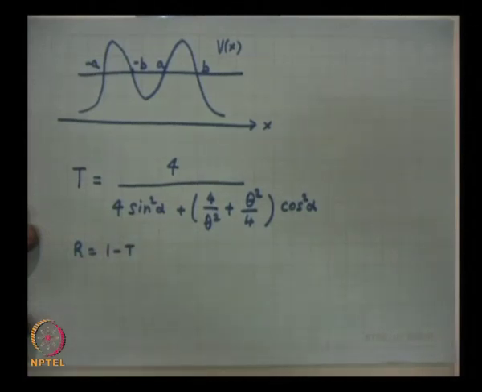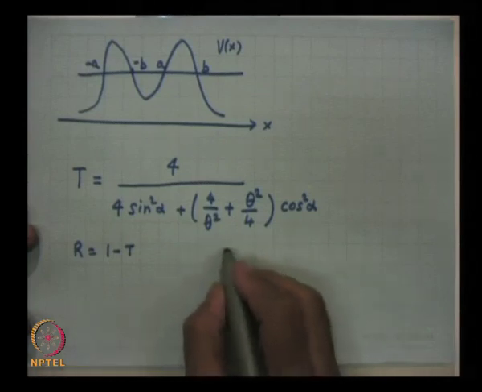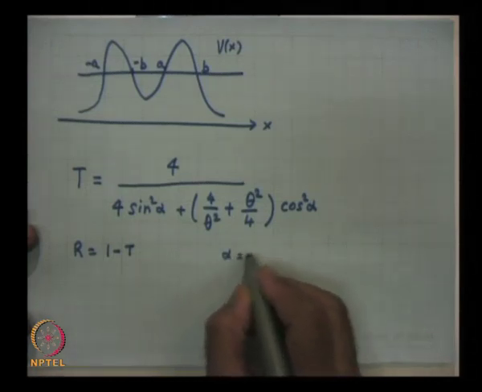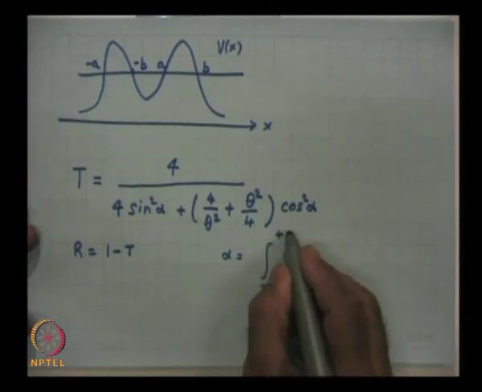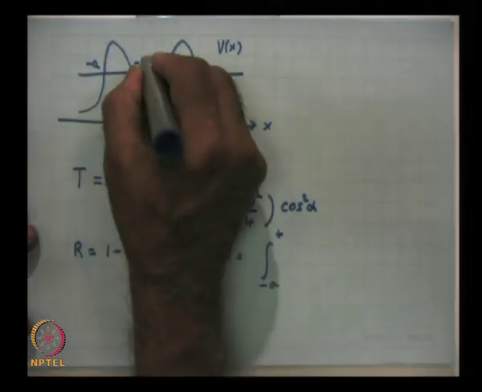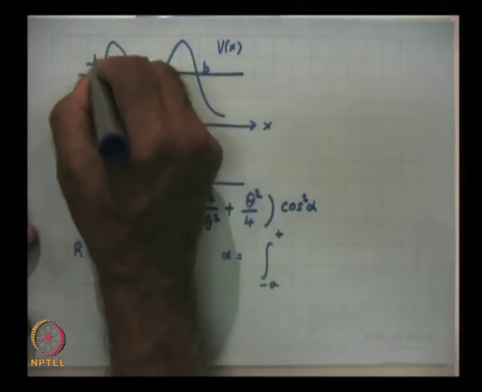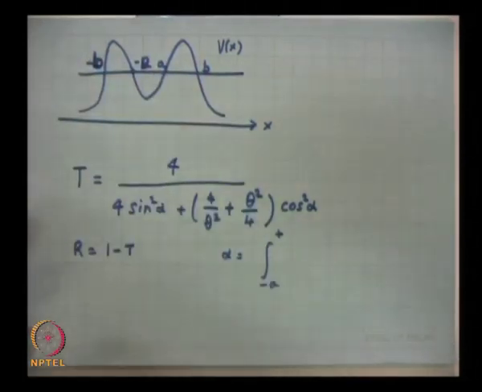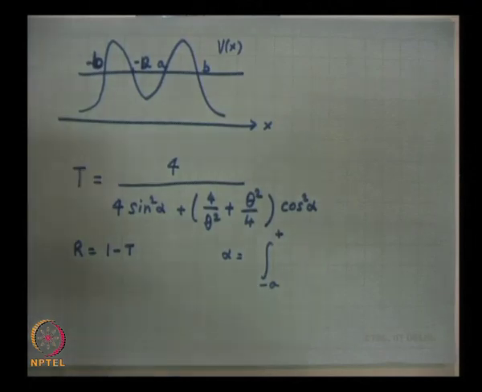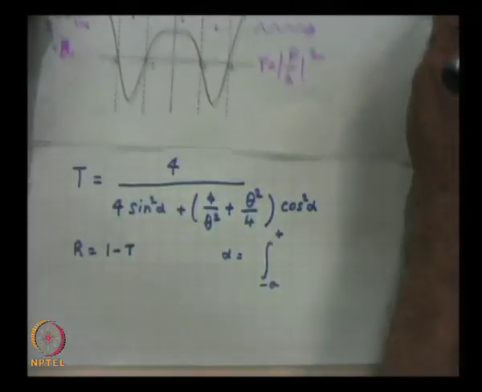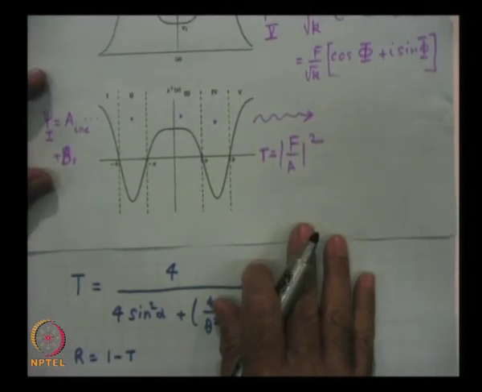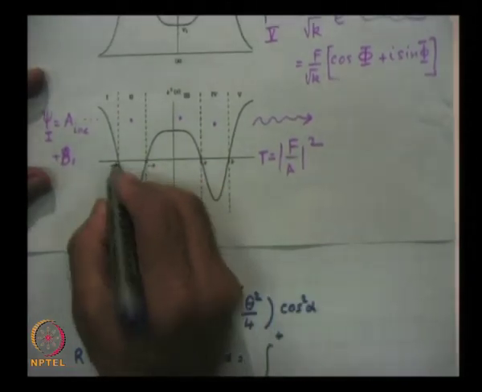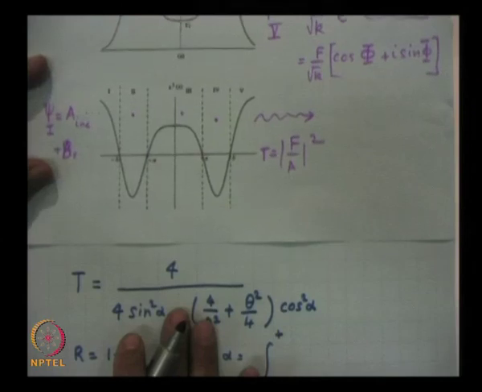What are the values of alpha and theta? The value of alpha is from minus A to plus A. Sorry, this is minus A and this is minus B, I am sorry. So, this is minus A and this is minus B. I hope all of you can see this.